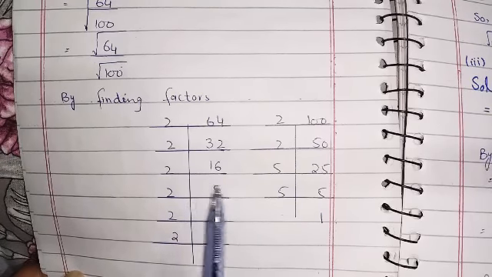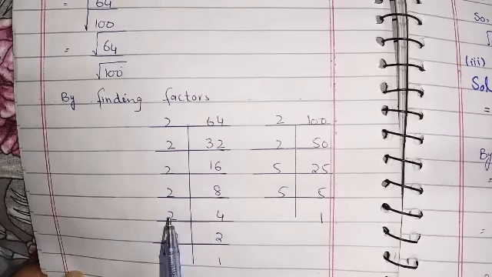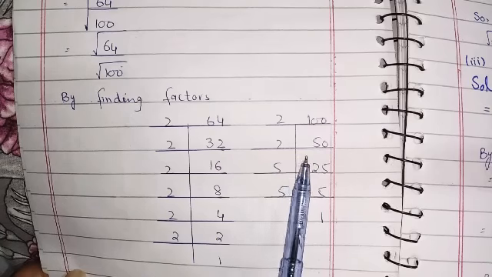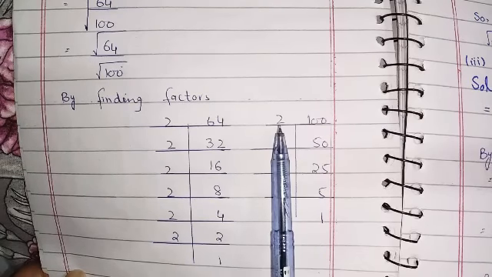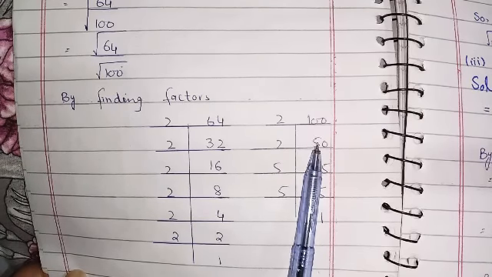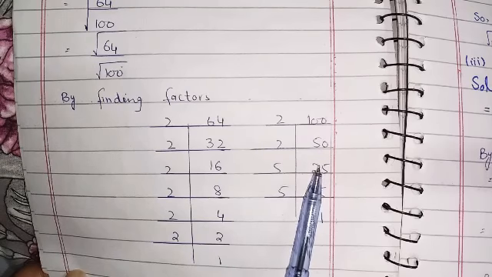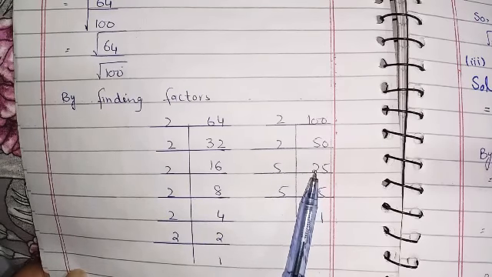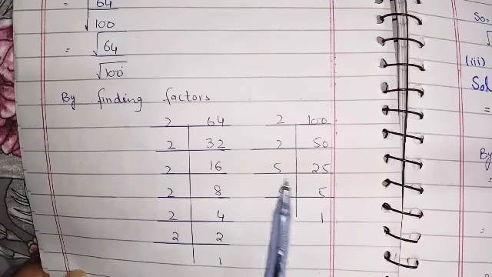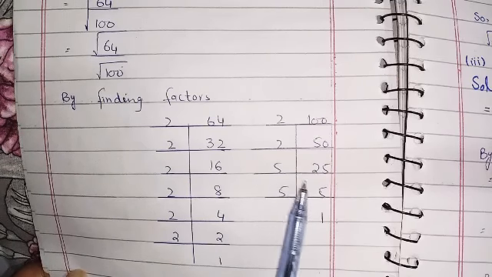And you all know that 2 8s are 16, 2 4s are 8, 2 2s are 4, and 2 1s are 2. Here are the prime factors of 100. When we divide 100 by 2, we get 50. When we divide 50 by 2, we get 25. You all know that 25 is only divisible by 5. So when we divide it, we get 5. As you all know, 5 5s are 25, then 5 1s are 5.